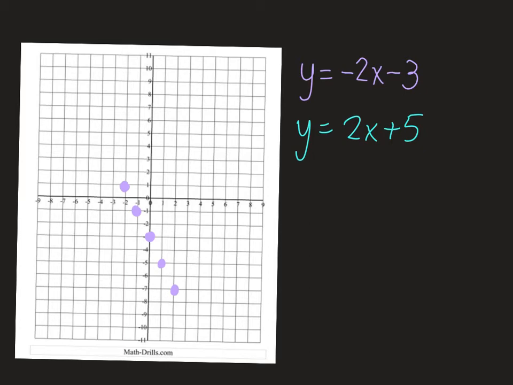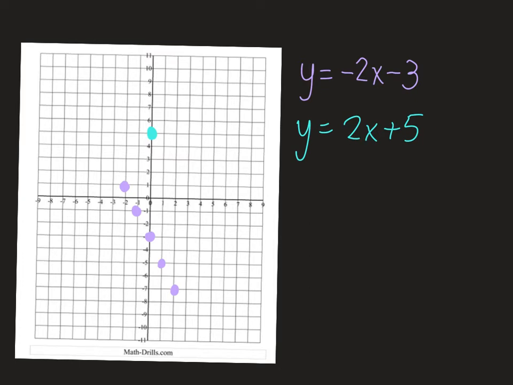I'm kind of curious to see where this line is going to be, because maybe they cross somewhere out in here and I got to keep going. Or maybe they cross somewhere here and I got to keep going. So I'm not going to draw my line just yet. I'm going to start at 5. So here we go. And then my slope is a positive 2 over 1.